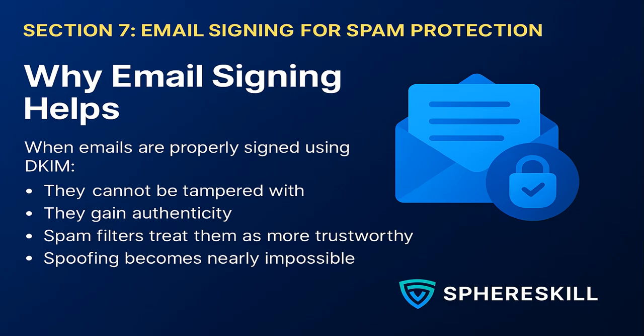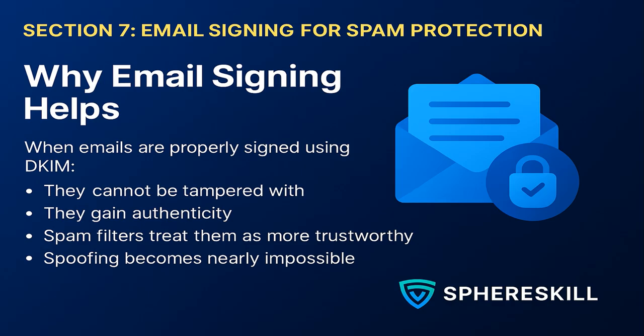Every signed email will be encrypted and treated as having a good reputation by the receiving mail server. Okay, so it cannot be tampered with during transit once it has been encrypted. It gains authenticity, so it will improve your reputation. Spam filters will treat this as a more trustworthy email sent by a reputed domain.